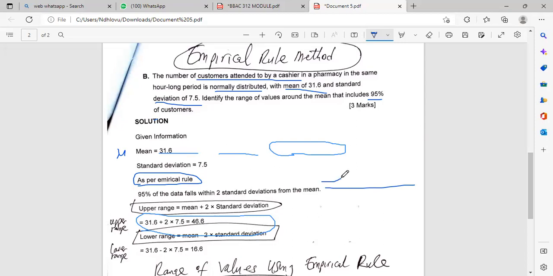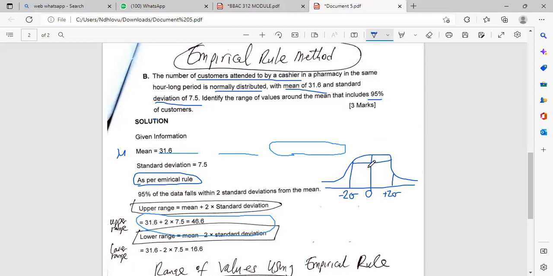We have a shape like this one, where we know that here we have -2 standard deviations from the mean, and here we have +2. Of course, the range of Z values for a normal distribution goes up to 3.